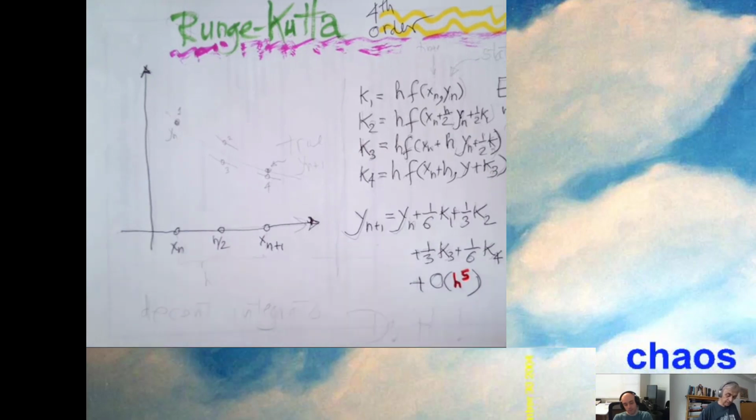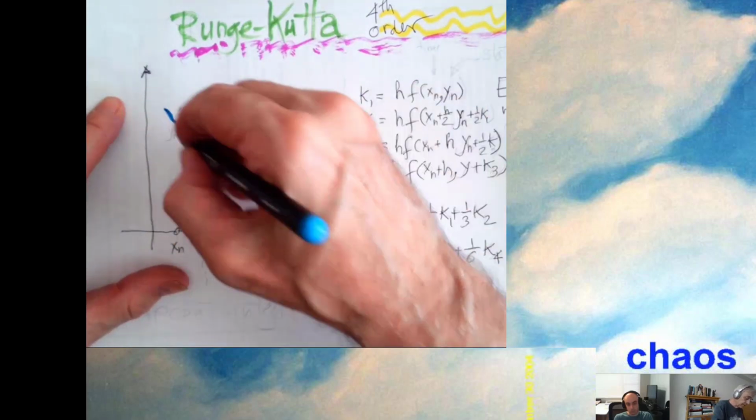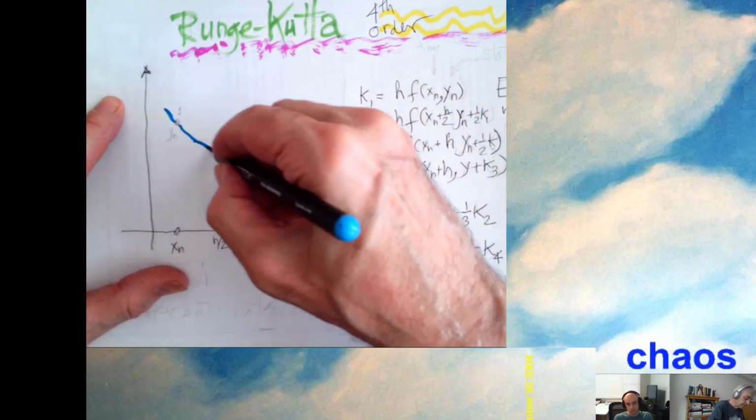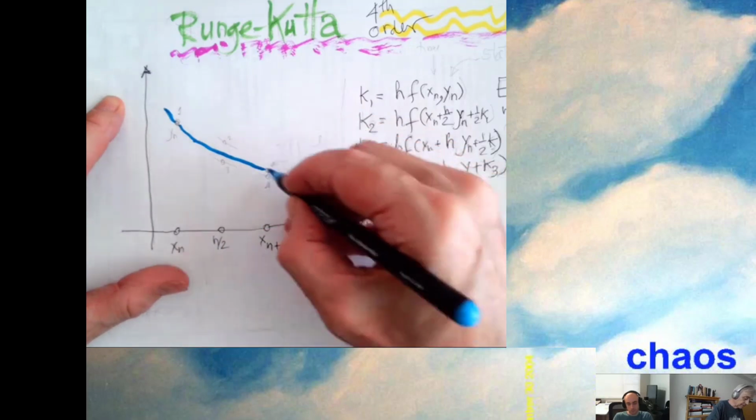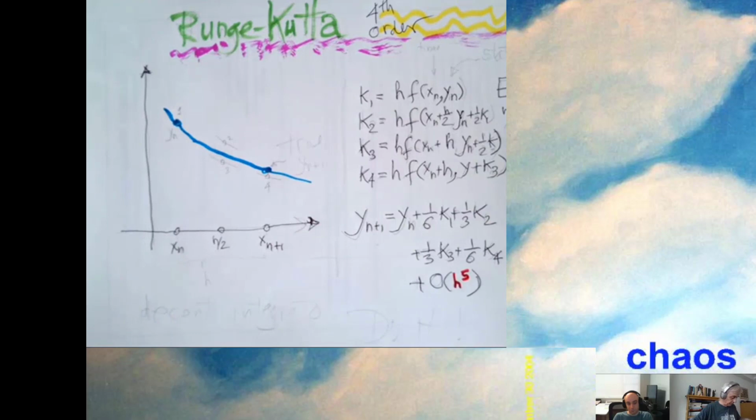So what this particular method says is, if there's a true answer, I start here, and here is the truth to 64 digits.